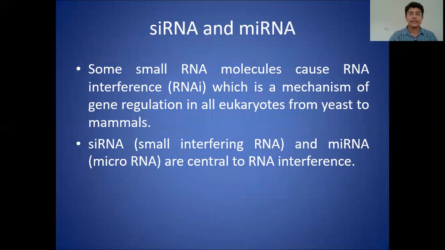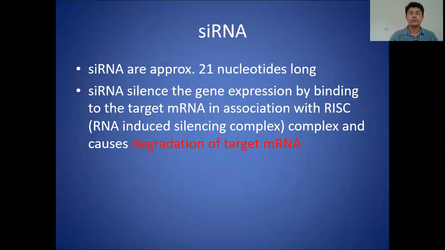siRNA and microRNA, these are some small RNA molecules which cause RNA interference, which is a mechanism for gene regulation in all eukaryotes. siRNA and miRNA are central to RNA interference. So siRNA or small interfering RNA molecules, they are approximately 21 nucleotides long, and these molecules silence the gene expression by binding to the target mRNA in association with the RISC complex and cause degradation of the target mRNA.